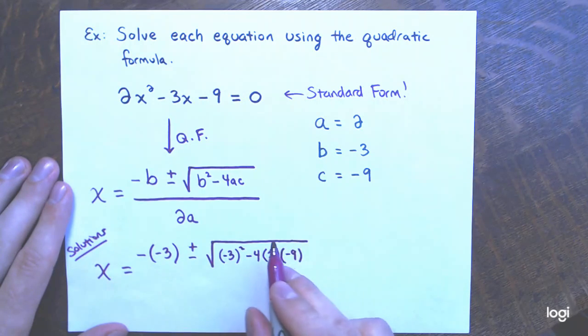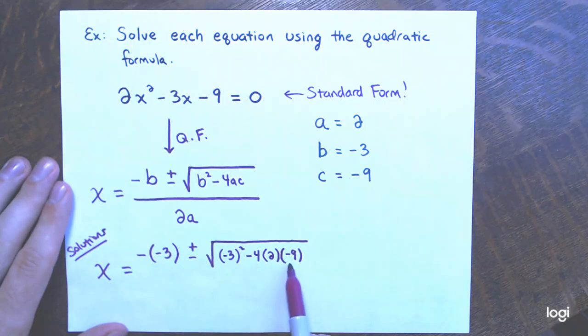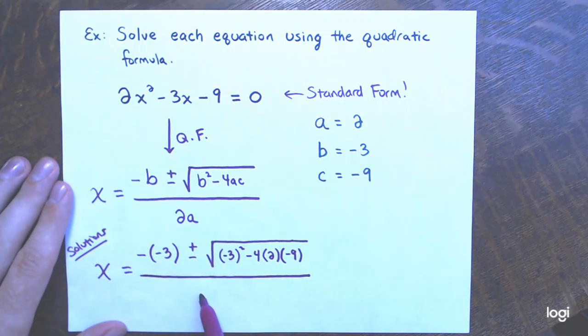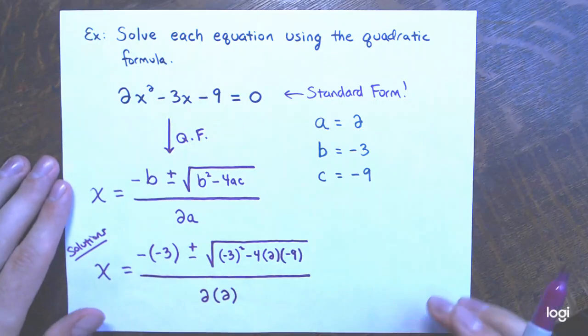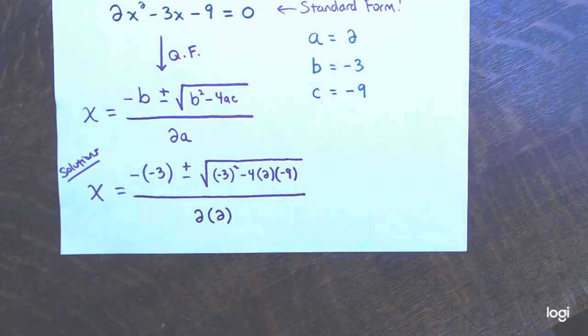And again, keep extending the square root symbol, right? All of that's under the square root. And then all of this, every single thing that I just wrote, is in the numerator. And then in the denominator, 2 times a, right? 2 times 2. And then, of course, simplify and check your solutions, right?